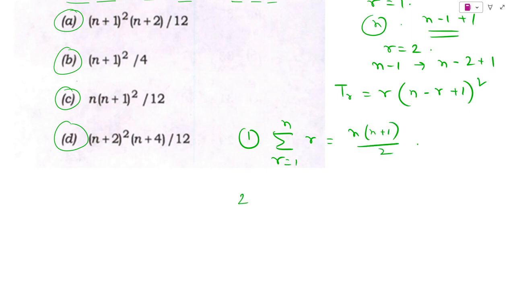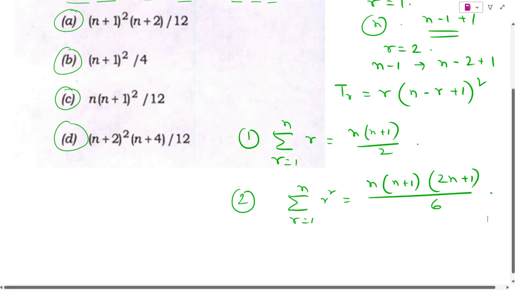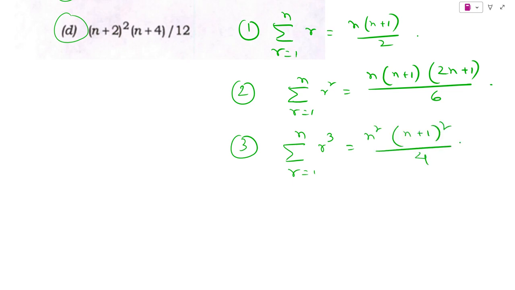Second is summation r equal to 1 to n r square, which is equal to n into n plus 1 into 2n plus 1 by 6. Right? And the third one, summation of r equal to 1 to n r cube, is n square into n plus 1 whole square by 4.